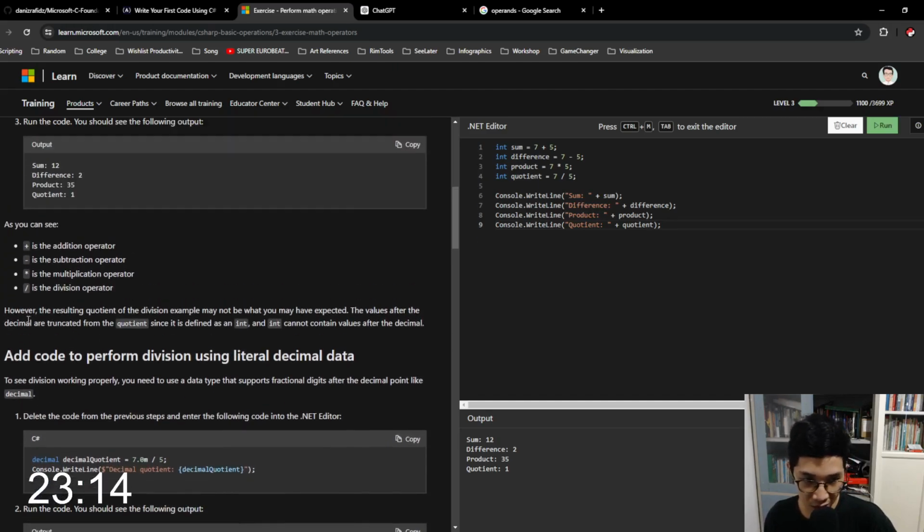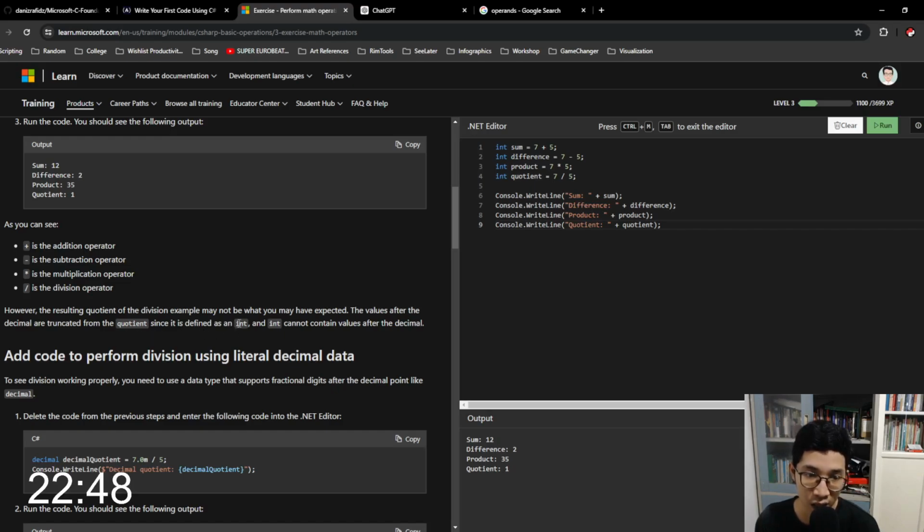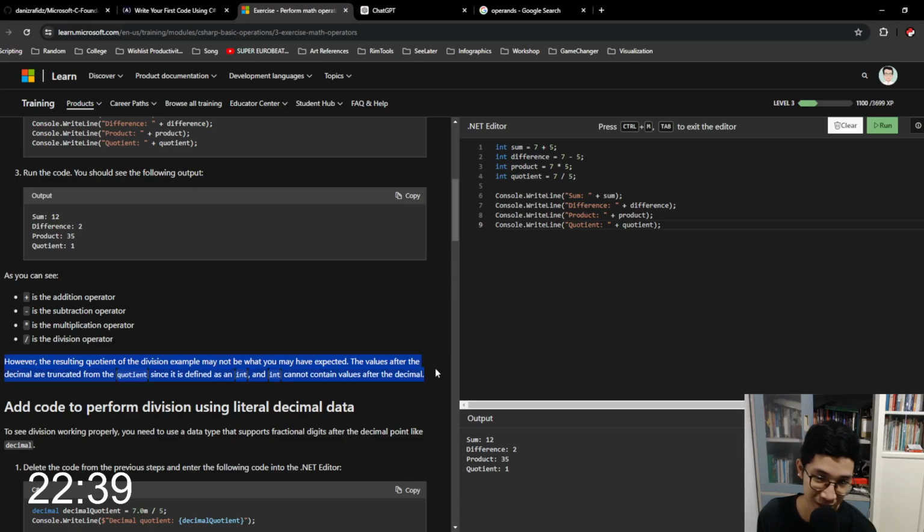It's a very general concept that almost everyone understands, but however the resulting quotient of the division example may not be what you may have expected. Yes, quotient. The values after the decimal are truncated from the quotient since it is defined as an integer, and an integer cannot contain values after the decimal. Yes, as I said before, I haven't read this actually.